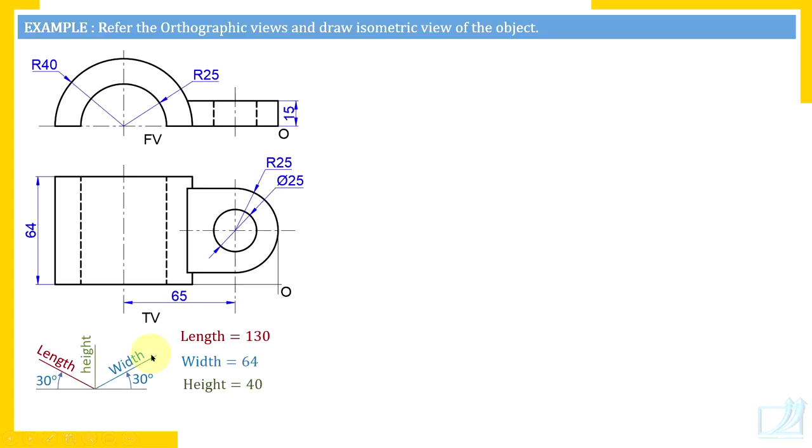Width to be measured in this orientation, check. So draw a horizontal reference line to measure that angle 30 degrees. Let this be point O, where you are going to measure angle 30 degrees for length and width axis. So measure 30 degrees and the 64 millimeter width we have measured in this direction, and also on the other side at an angle 30 degrees.